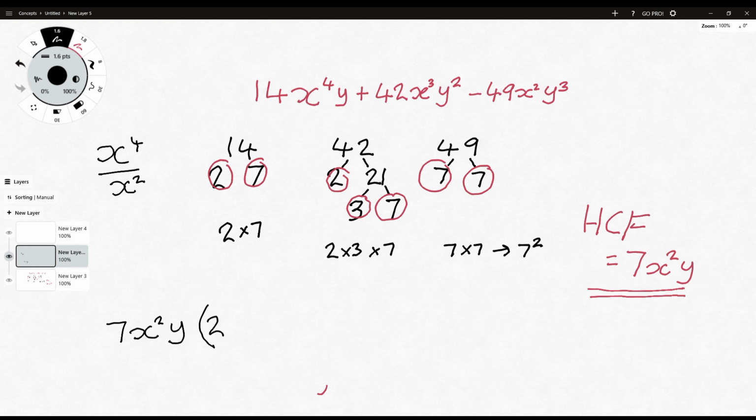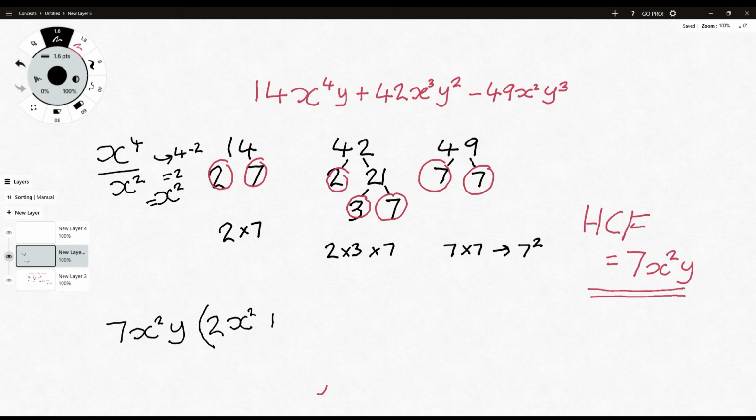So in this case, we're just saying 4 minus 2, which equals 2. So x to the power of 4 divided by x to the power of 2 equals x squared. And we do the same with y. y goes into itself once, so we don't write anything in there. We can prove this in a minute.